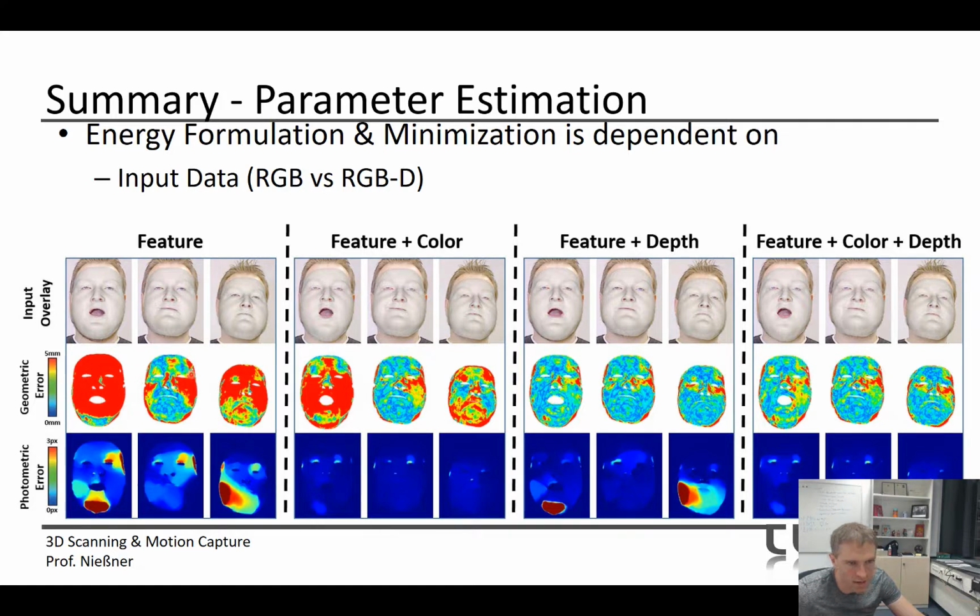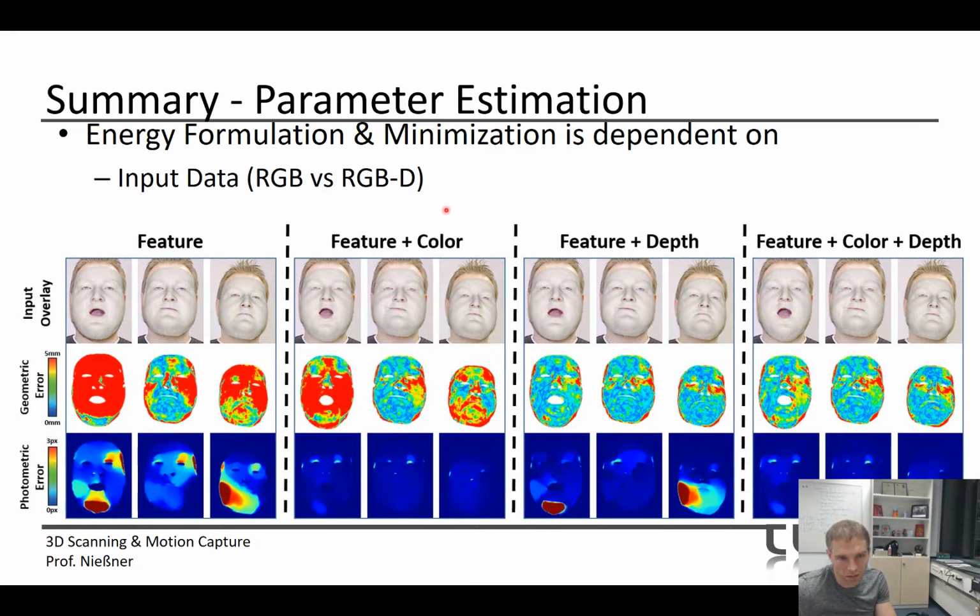You see this in the error plot of the geometry. And you also see it with the photometric reprojection. In that region, the tracking doesn't quite work out when reprojecting the colors. The reason is that the dense term is missing here in order to get a very fine scale alignment. So you need the dense terms.